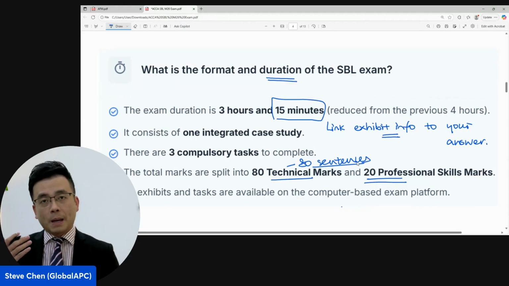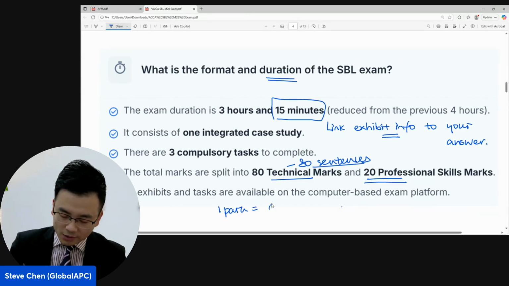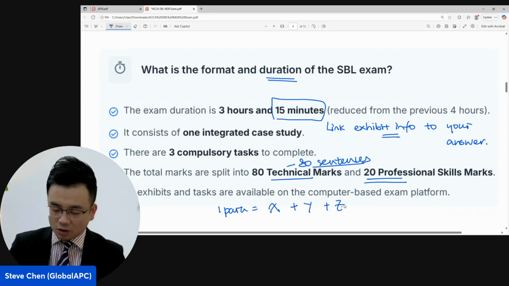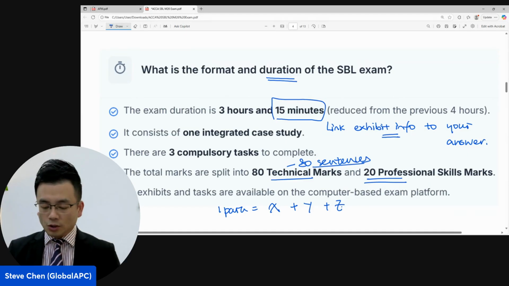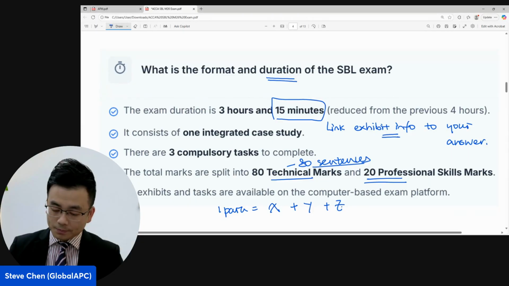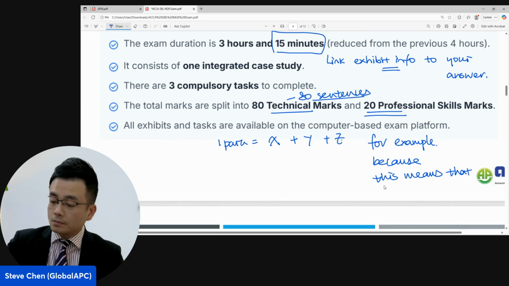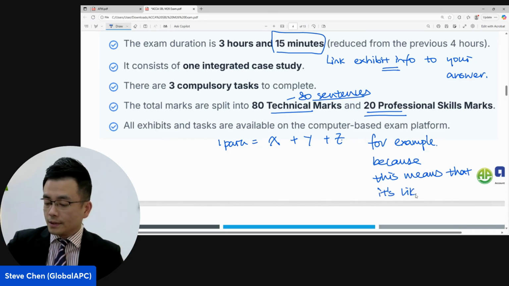I would recommend my students that one paragraph should contain the X, Y, Z structure, using conjunction words like, for example, because, this means that, it's likely that, and therefore.